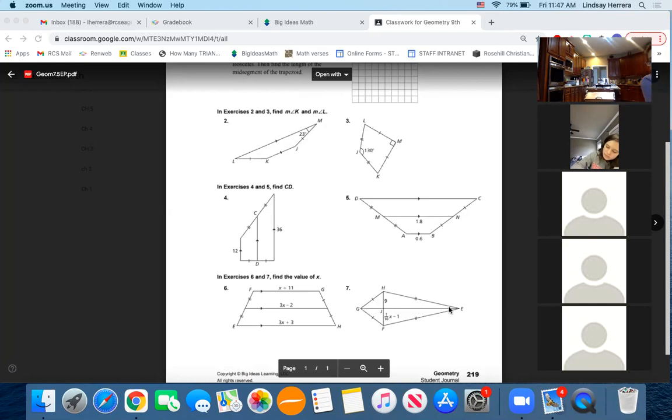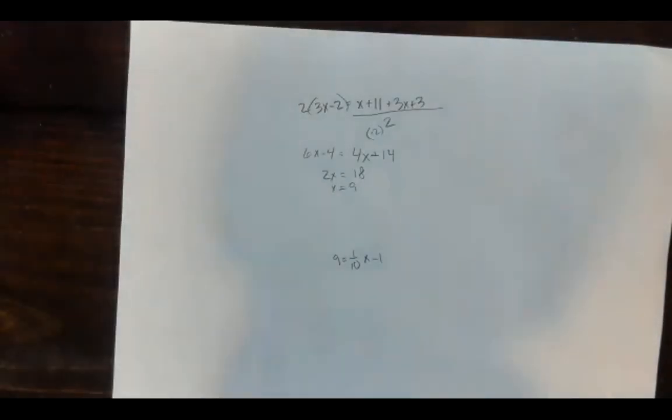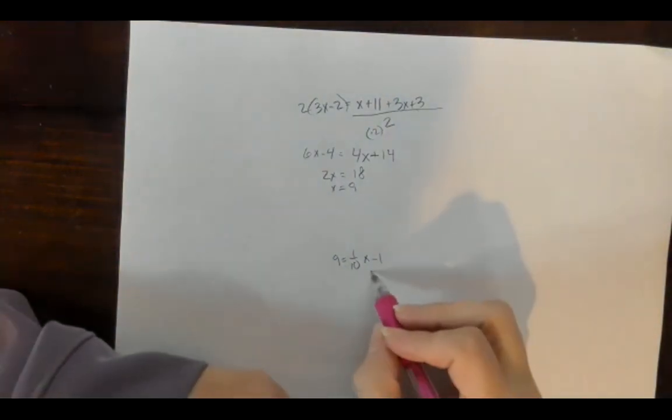So we have 9 equals 1/10 x minus 1. So let's just do it algebraically now. Add 1.